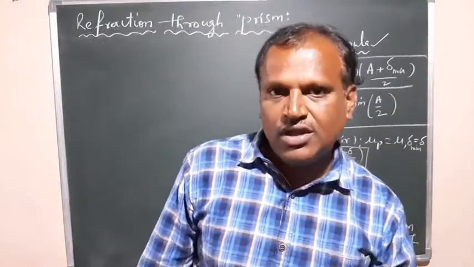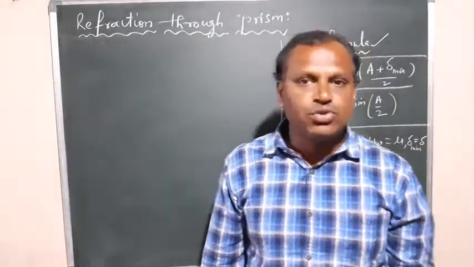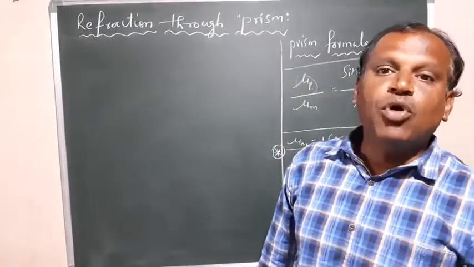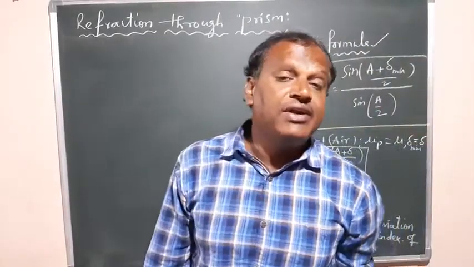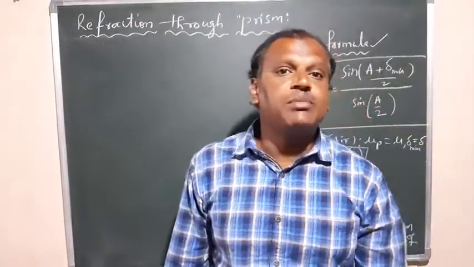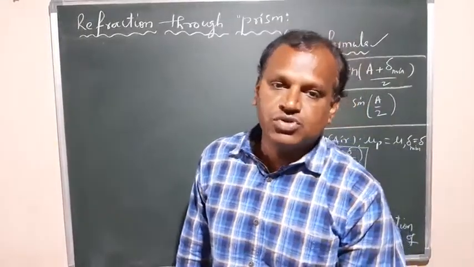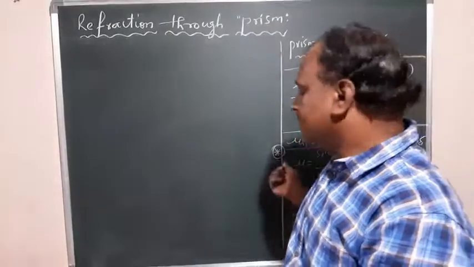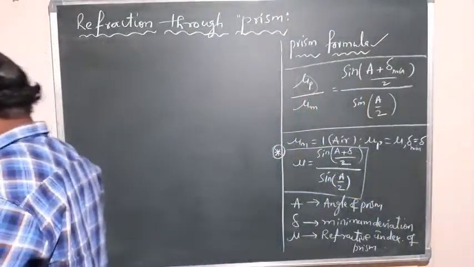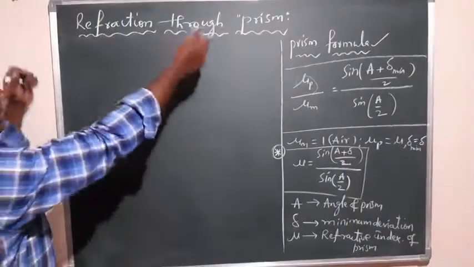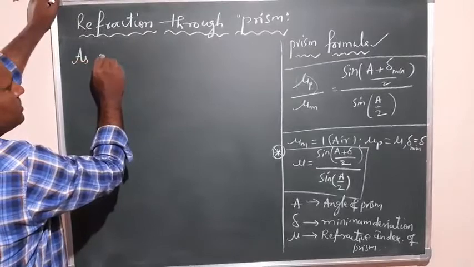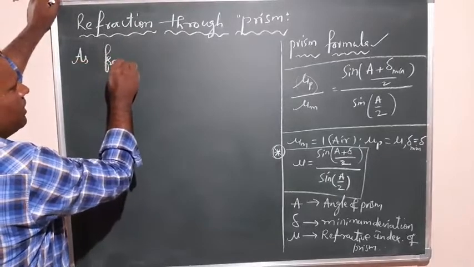Any type of light passing through this prism, which light can be bent more, or which light has the deviation larger or minimum? We can identify that by knowing the prism formula. So how can we know that? By using the prism equation.